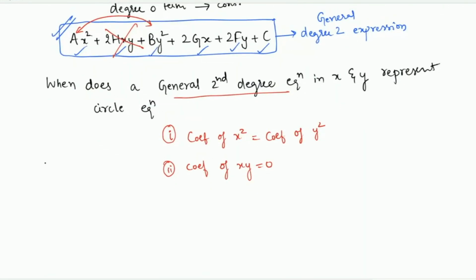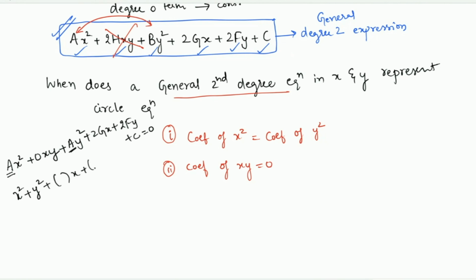Suppose you substitute, see here, the x square coefficient and y square coefficient the same, and xy coefficient 0. You get an equation like this. Now we'll divide both sides by a, then you will get x square plus y square and something into x plus something into y plus something equal to 0.